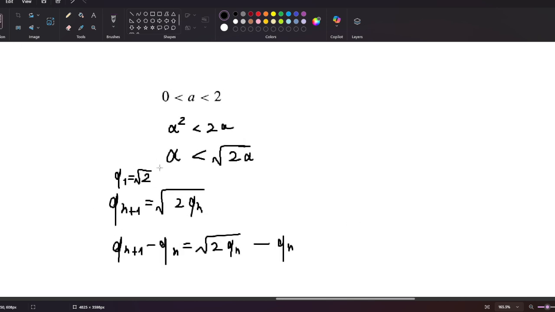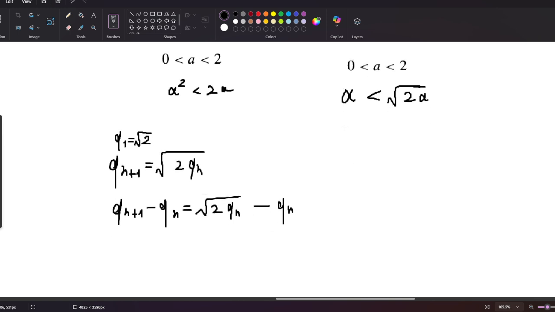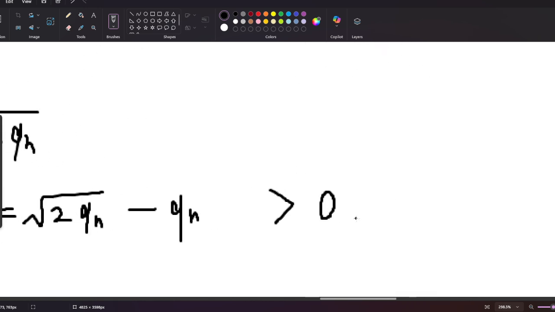Now, thing is, we have proven this statement for A that lies between 0 and 2, which would suggest that this is going to be greater than 0, given that Qn lies on this interval.